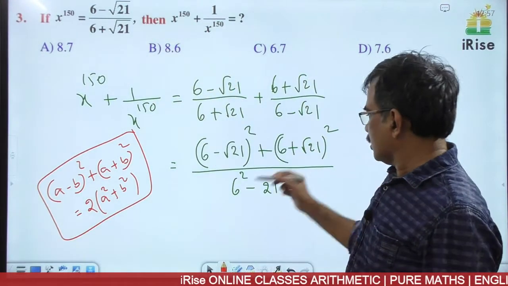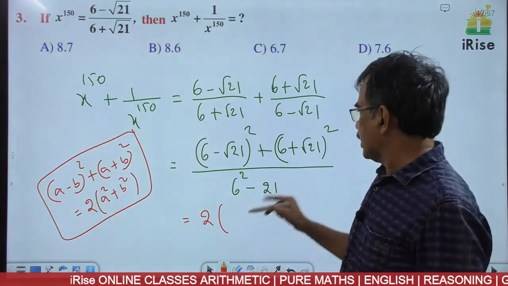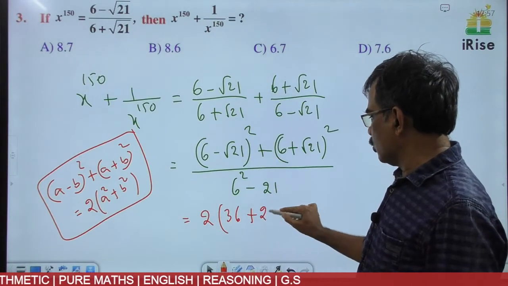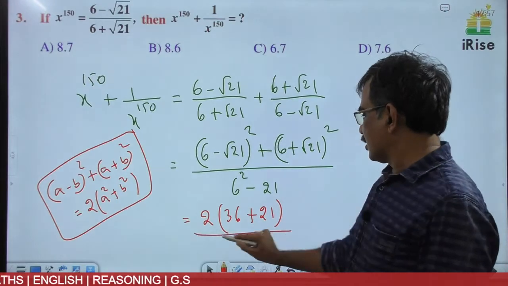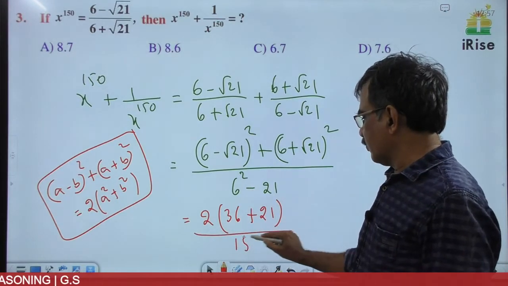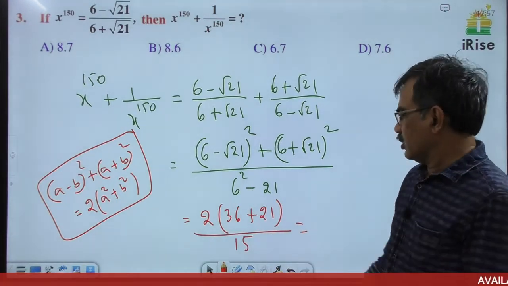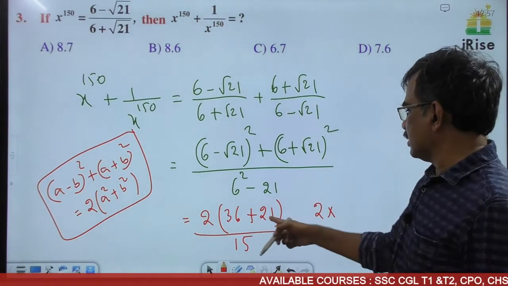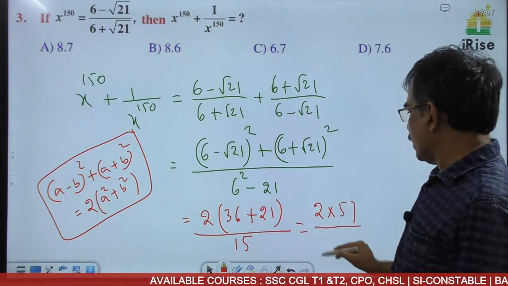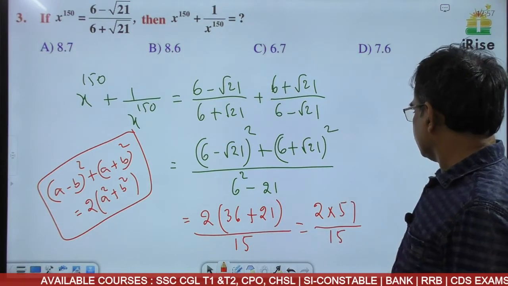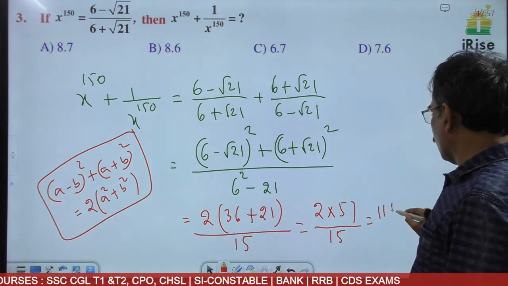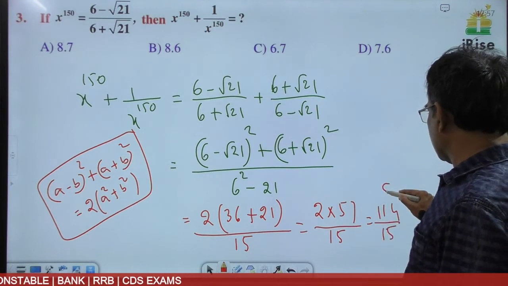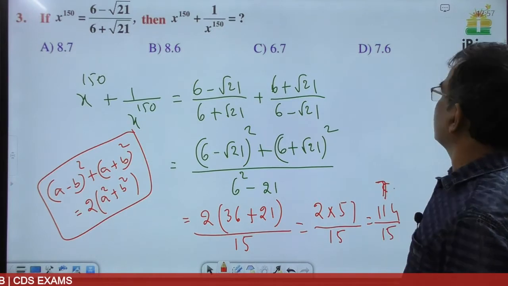Okay, so this is in the form of 2 times a square plus b square: 36 plus b square, b is root 21, root 21 square is 21, divided by 36 minus 21, which is 15. So therefore this can be written as 2 into 57 by 15, which is 114 by 15. 15 eights are 120, so it must be 7 point something.